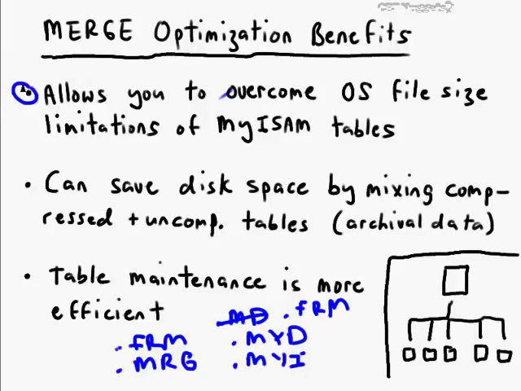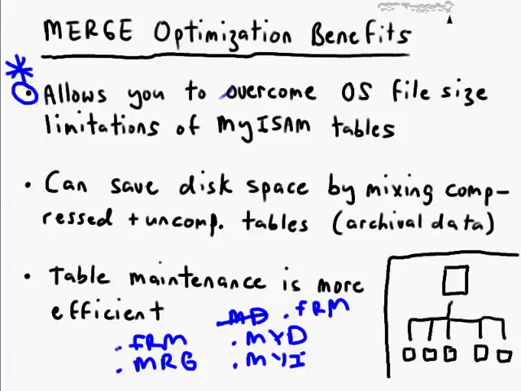The biggest one, and I'm going to throw an asterisk here because this is the really big exam alert that you'll probably see on your tests, is that the merge storage engine allows you to overcome OS file size limitations for MyISAM tables.